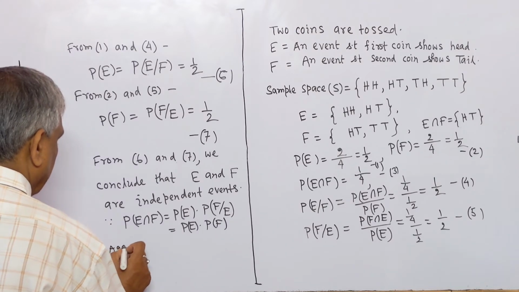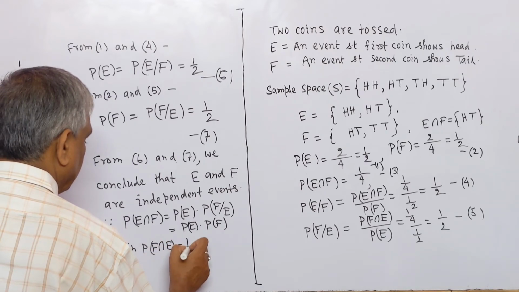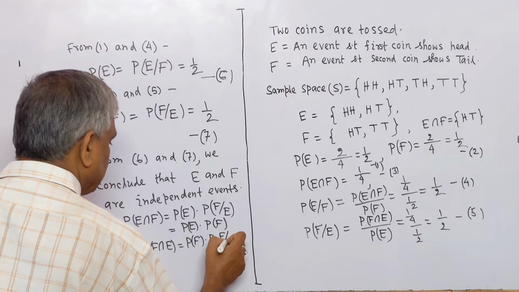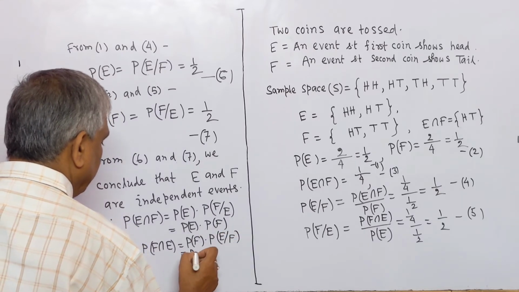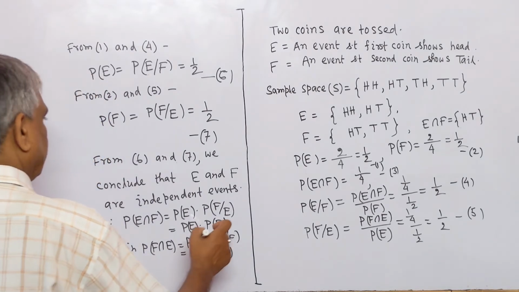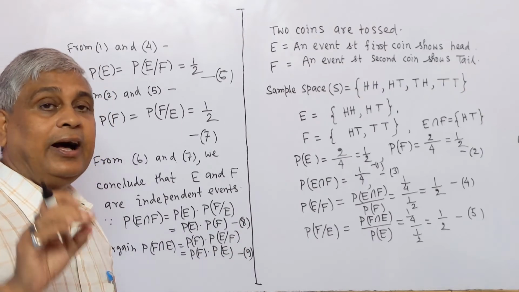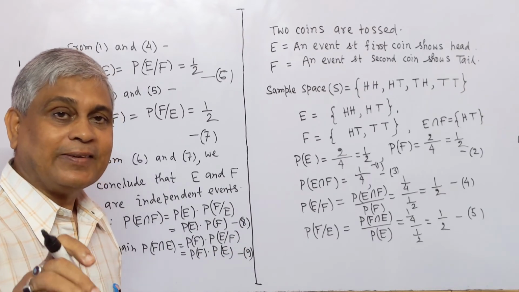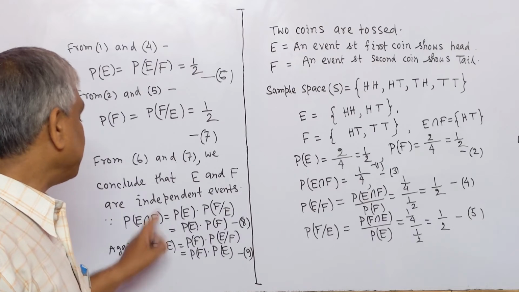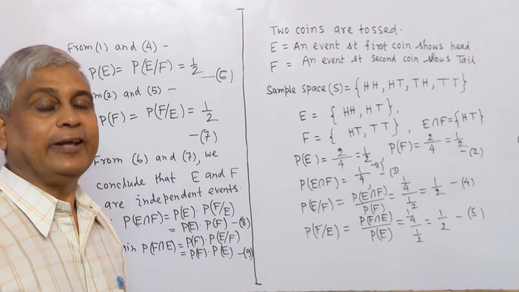Again, P(F intersect E) equal to P(F) multiply P(E/F), and this equal to P(F) multiply P(E). So this is 8 and 9. 8 and 9 are formulas to test that E and F are independent events. That means if P(E intersect F) equal to P(E) multiply P(F), then E and F are independent events.